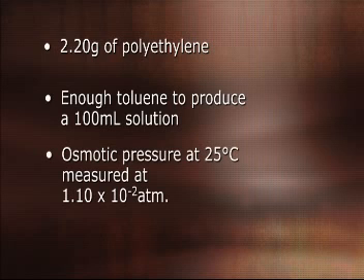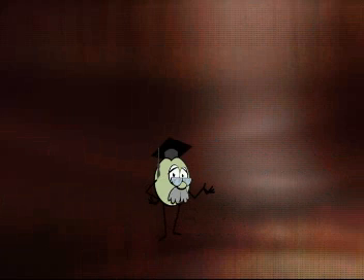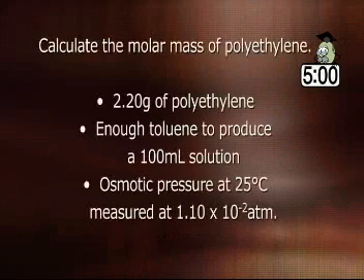Its osmotic pressure at 25 degrees Celsius was measured at 1.10 times 10 to the negative 2 standard atmosphere. Calculate the molar mass of polyethylene. Students, let's get ready. Begin.